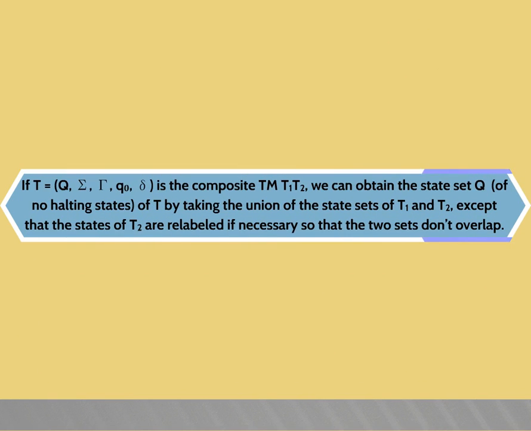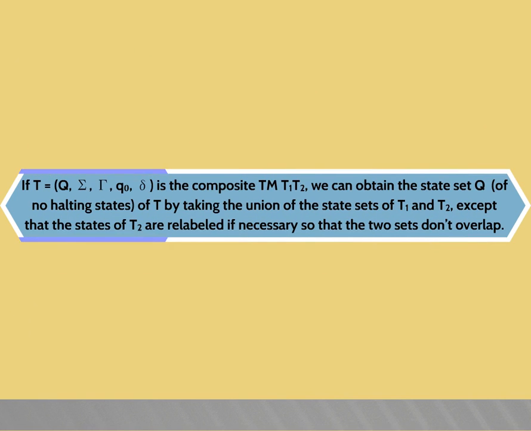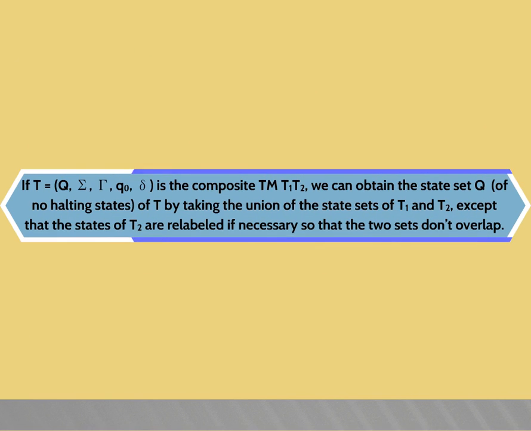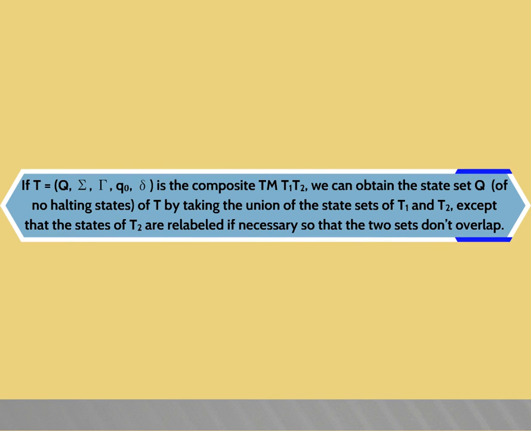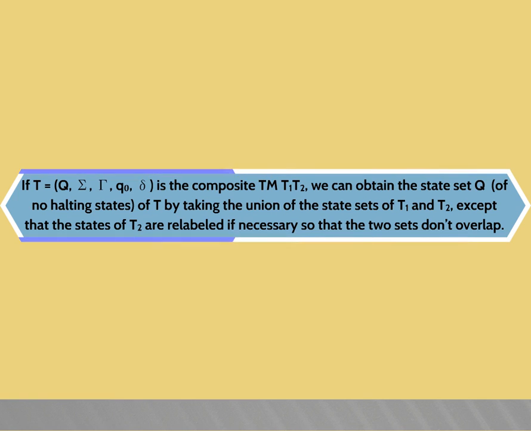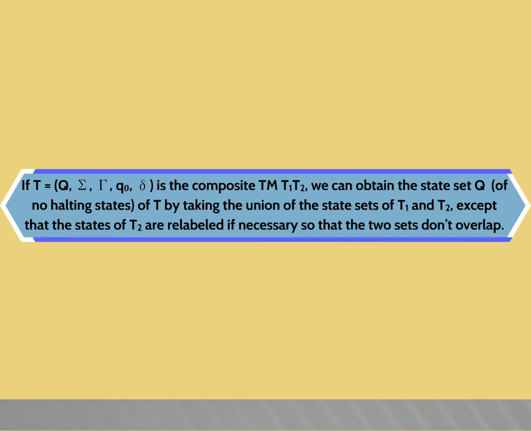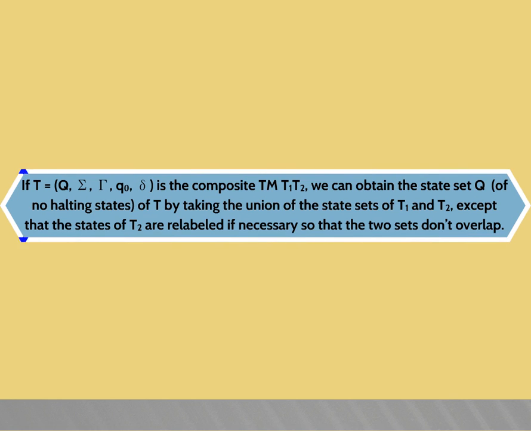If T = (Q, Σ, Γ, q0, δ) is the composite TM T1T2, we can obtain the state set Q of non-halting states of T by taking the union of the state sets of T1 and T2, except that the states of T2 are relabeled if necessary so that the two sets don't overlap.